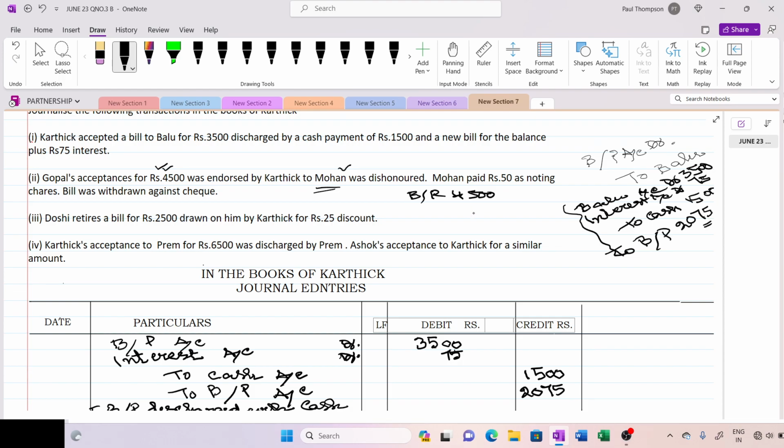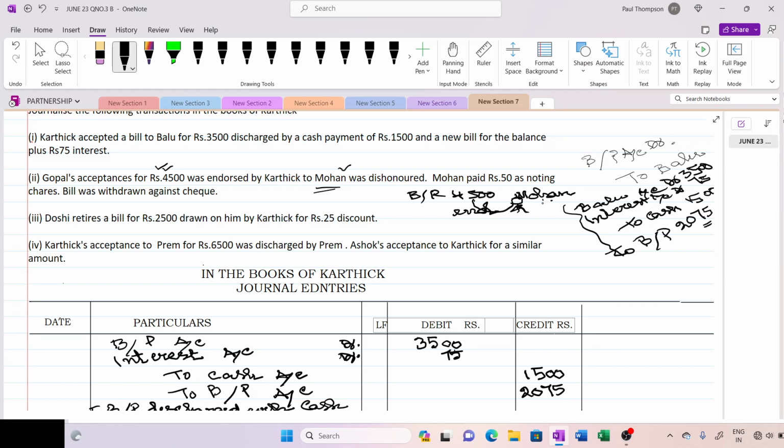So what I am doing, I am endorsing this bill. I have to make payment to Mohan. So instead of making cash or bank payment, I am endorsing this bill to Mohan. My drawing may not be so good, so don't laugh at that. So just for understanding purpose, I am making it. So I am endorsing the bill to Mohan.